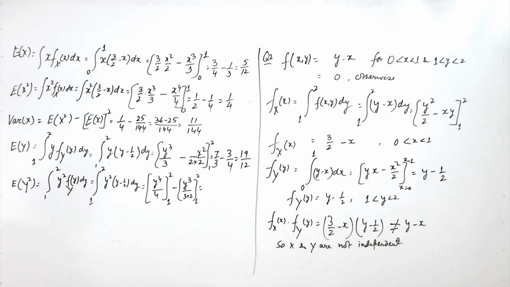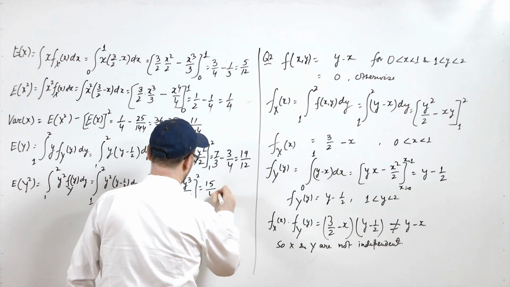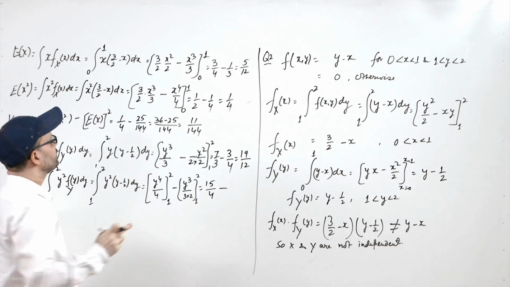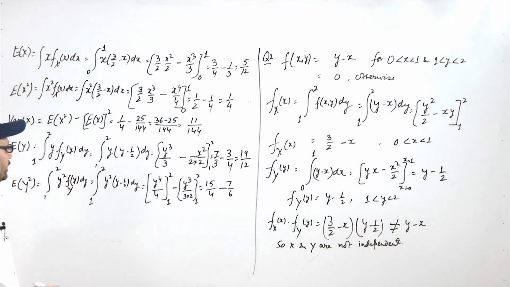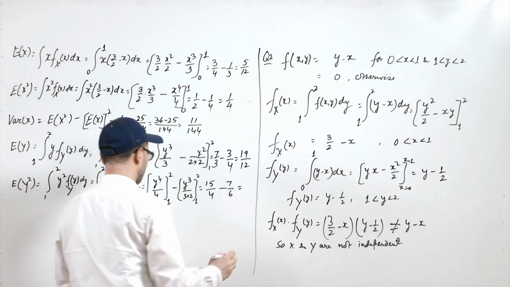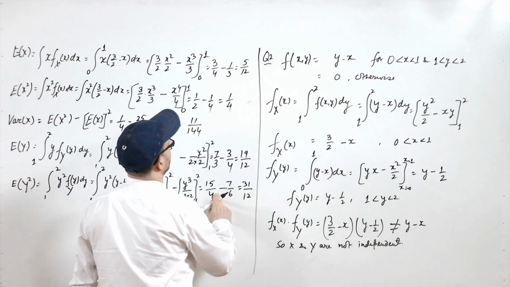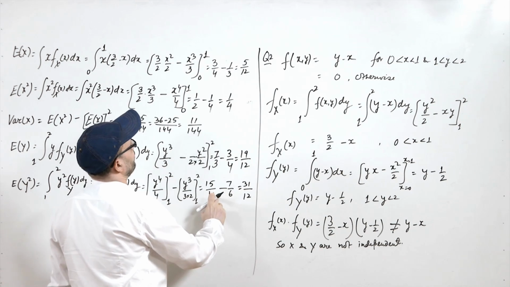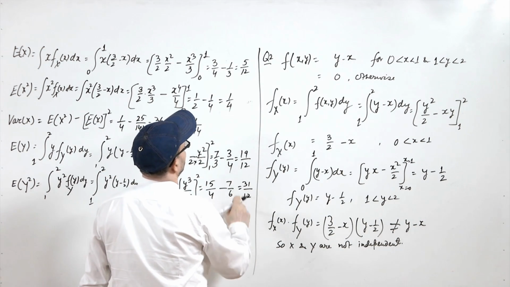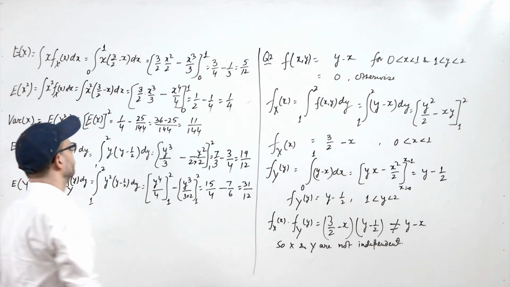So, this will be 2⁴ = 16, minus 1, 15/4, minus (2³ = 8, minus 1) 7/6. So, it will be equal to 31/12. With 12 as the common denominator, it is 45 minus 14, which is 31/12.